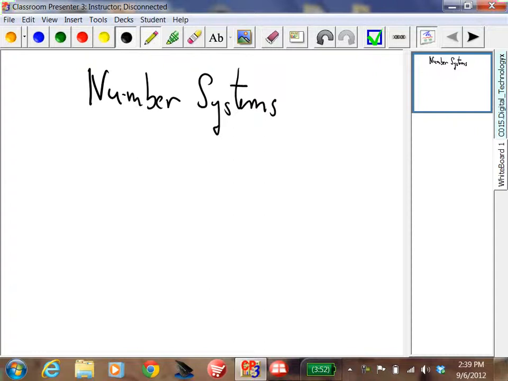Okay? Positional number systems and non-positional.